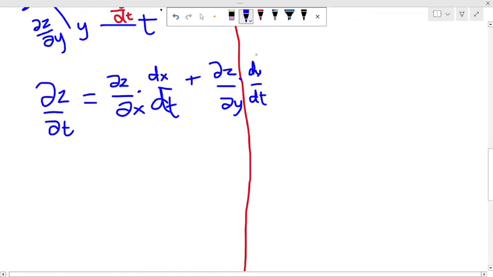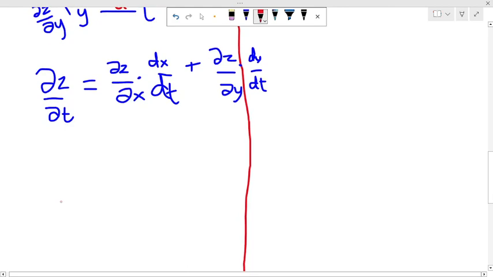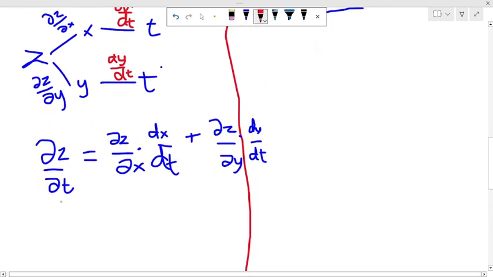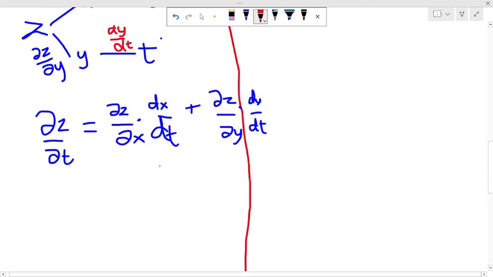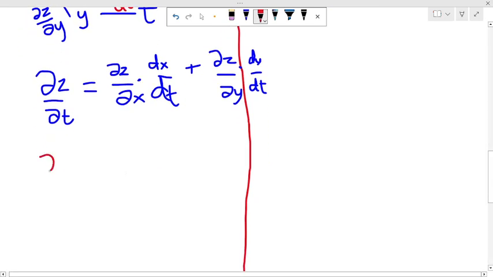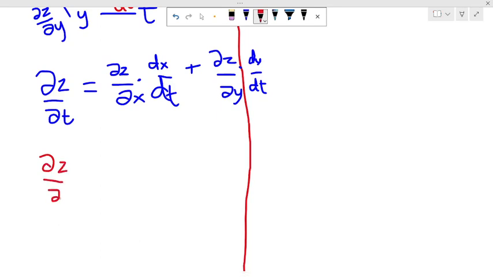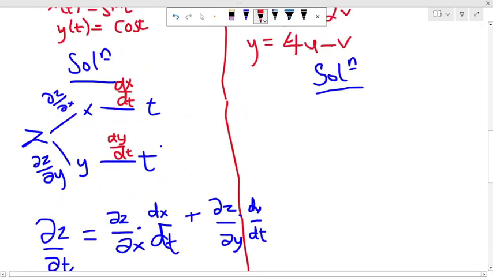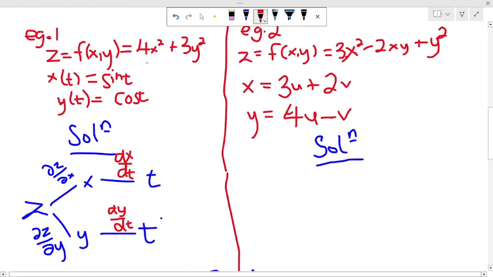So now, having established this, let's find the partial differential of each of the terms. So starting with the partial differential of z with respect to x. So now from the equation we have 4x squared plus 3y squared. So now find the partial differential of z with respect to x.